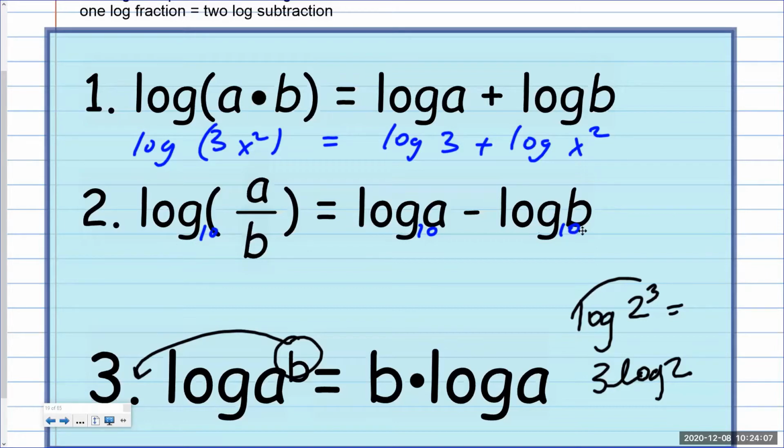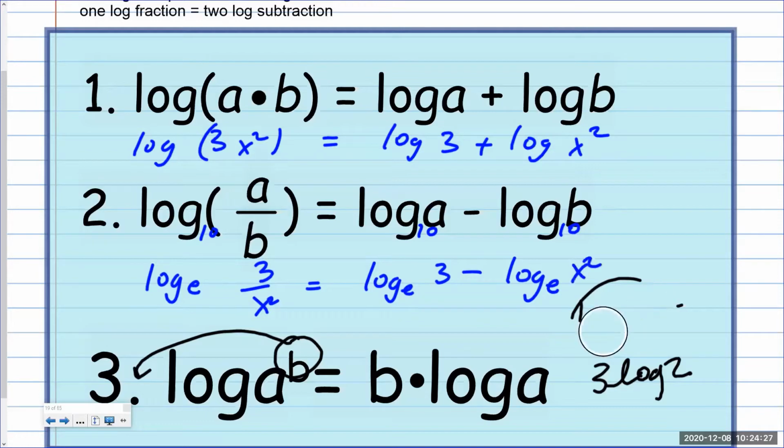But this rule doesn't just apply to log base 10. It applies to any log as long as it's the same all the way through. So if I called this log base E, and this was 3 over x squared, this would be equal to log base E of 3 minus log base E of x squared. Do you see how I'm breaking these up?